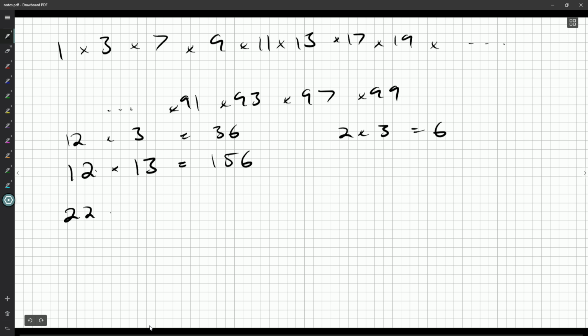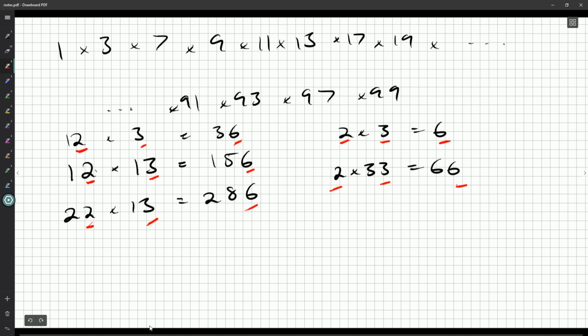What's 22 times 13? You'll get 286. What's 2 times 33? 66. Focus in on the units digits. Every single time I've got a 2 and a 3, and every single time I get a 6.